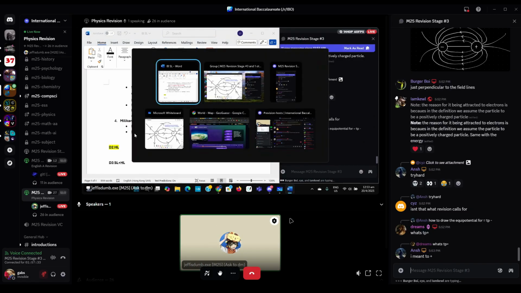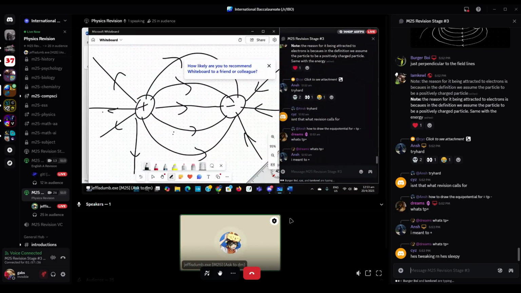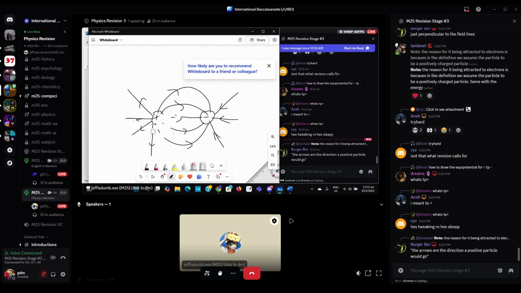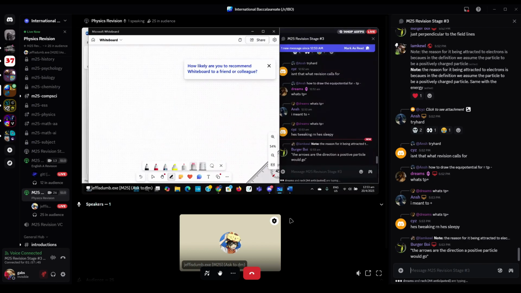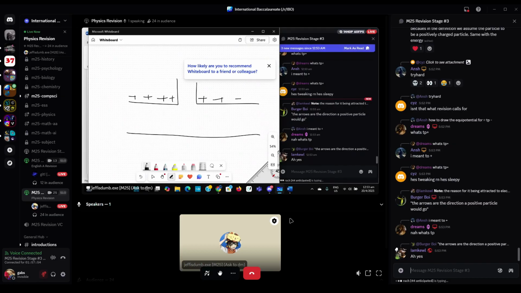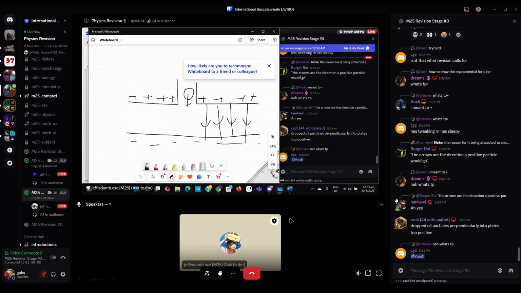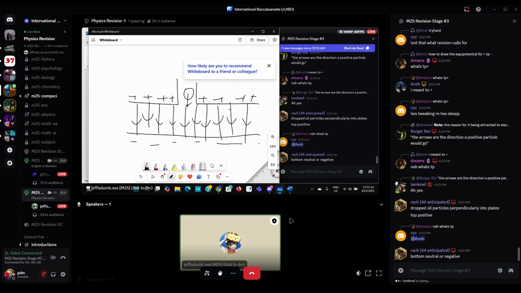So for the Millikan oil drop experiment, the basic setup is that you have an oil drop down here, diagram not to scale. Then parallel plates, bottom negative.